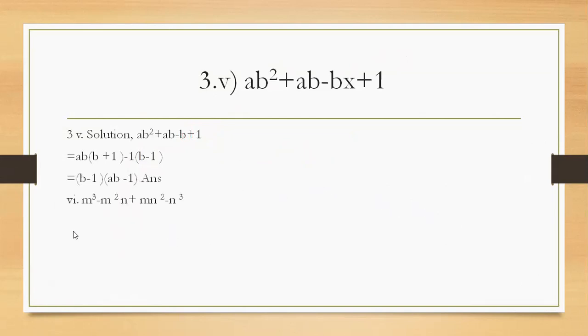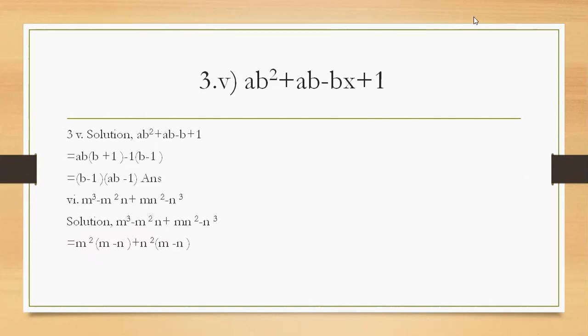Yes, sir. Now let's see question number VI. Look here. What is common in the first 2 terms? M square. Here remaining is M minus N. What is common in the last 2? N square, right? M minus N is left here. M minus N is the same.